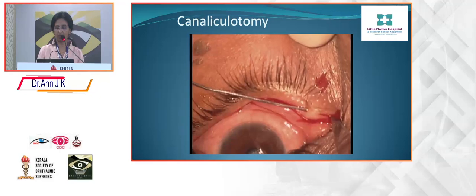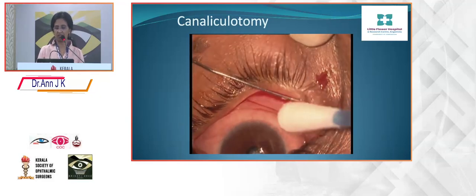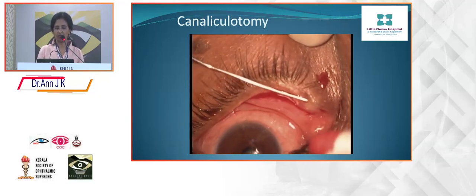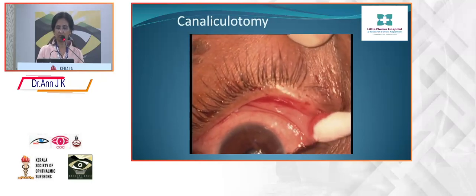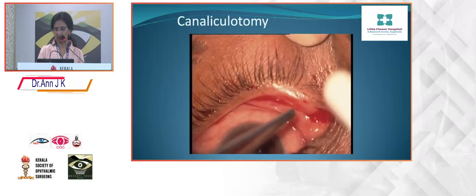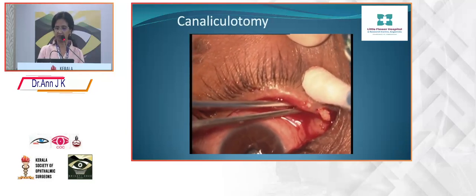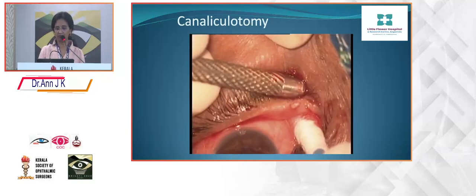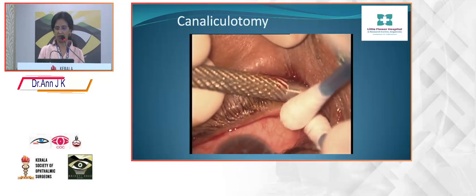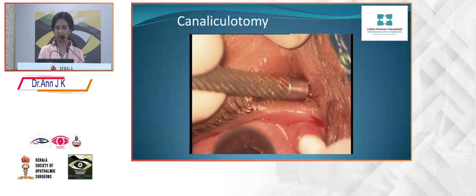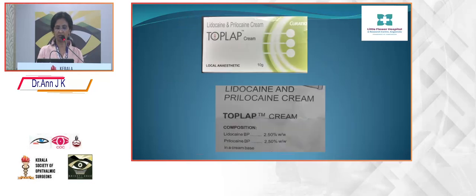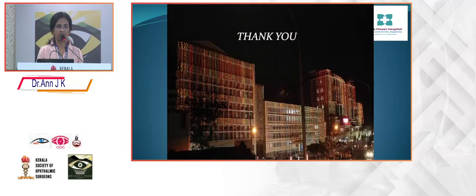Then you can milk out the secretions, I mean, concretions. And if you want, you can take out the concretions with the chalazion scoop like this. You have to repeat it and put some antibiotic ointment and eye drops. Topical anesthetic cream is very useful to decrease the pain during these procedures. Thank you.